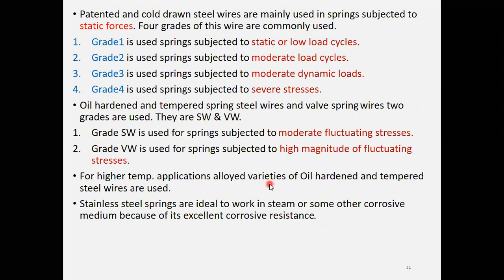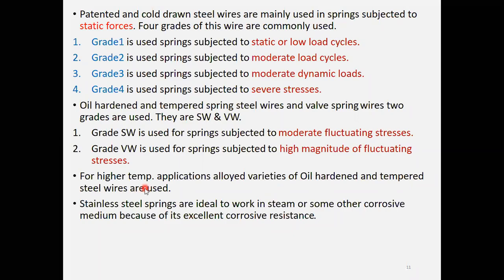And they can use stainless steel, as I told you, in applications where the environment is corrosive in nature. At that time you cannot use this as a spring, because it will catch rust and the life of the spring will come down. At that time you have to go ahead with stainless steel.